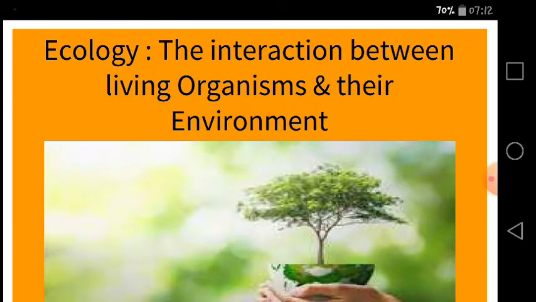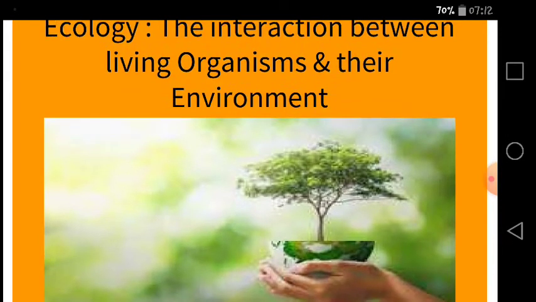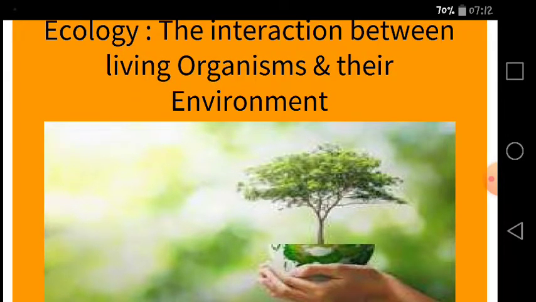Dear students, ecology is basically the study of interaction between the living organisms and their environment. As you can see from this slide, all the animals take oxygen from the environment.